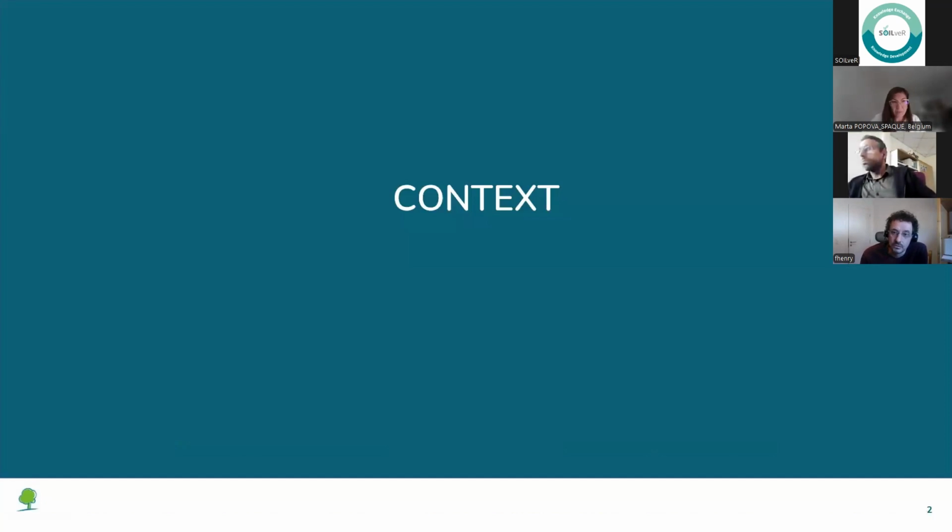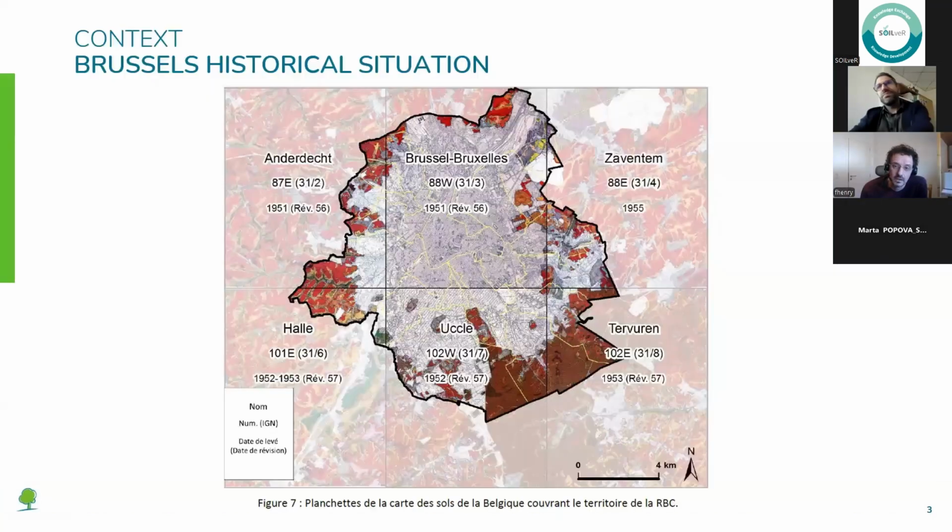First of all, a few words about the context. The Brussels region is a closed, non-expandable territory of 162 square kilometers that is highly urbanized. More than 50% of its territory is impermeable.